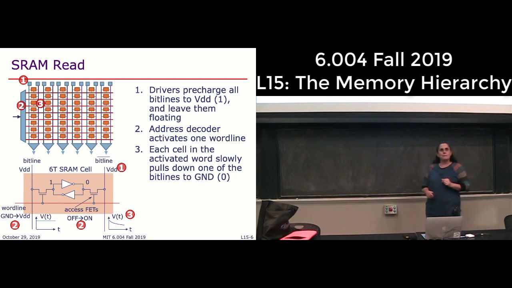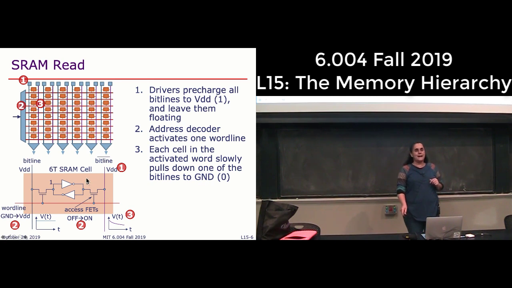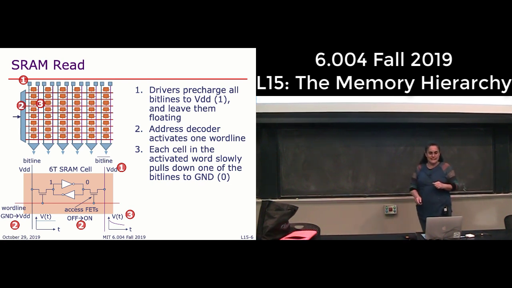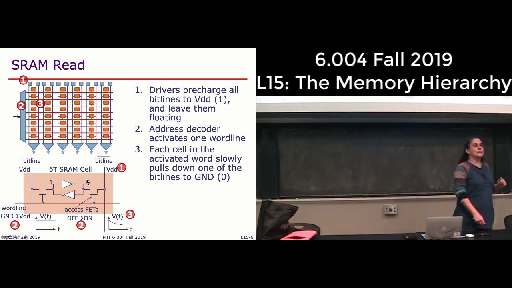Okay? But what's happening on the other side? On the other side, I had preloaded the bit line bar to VDD, but the value that I had stored in my cell here was a 0. So now that I'm no longer driving that VDD, these inverters are going to slowly start to bring this value of the bit line down from VDD all the way down to 0.